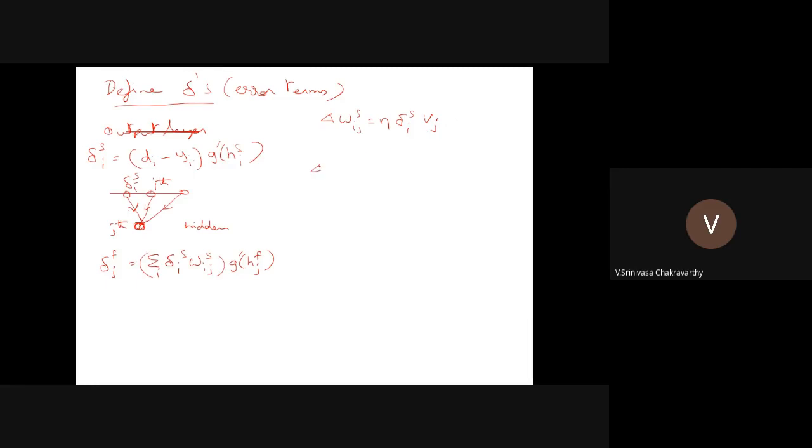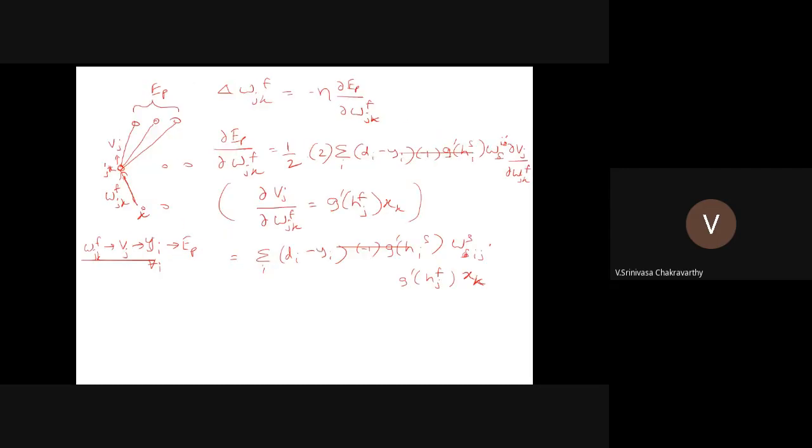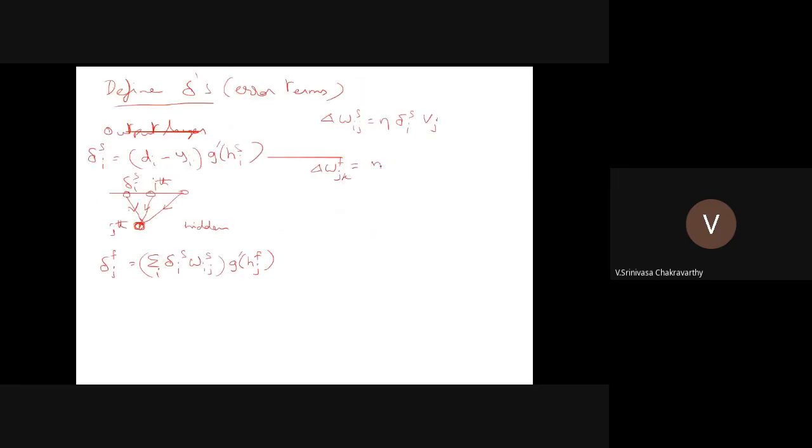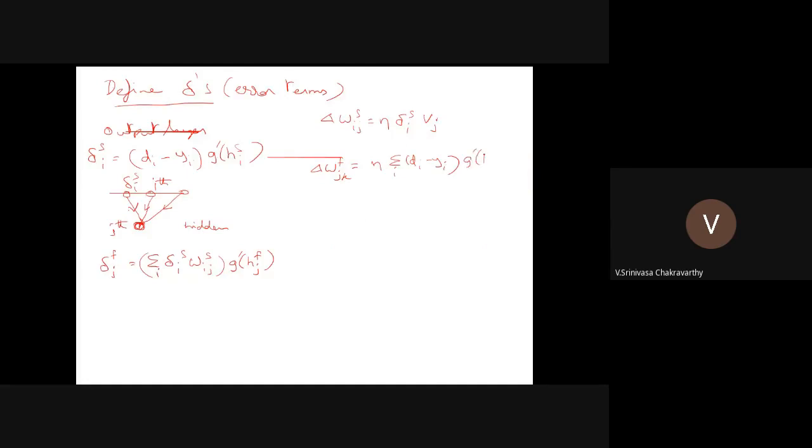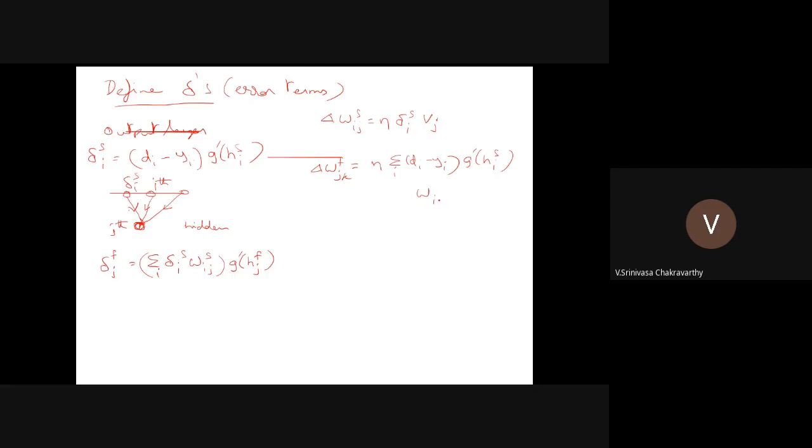So you get a very compact, cute expression for the second stage. Similarly, if you take delta Wjk first stage, if you take this whole expression, you get eta times sigma i of di minus yi times g prime of hi of s times wij of s times g prime j of f times xk. So this is a whole expression.